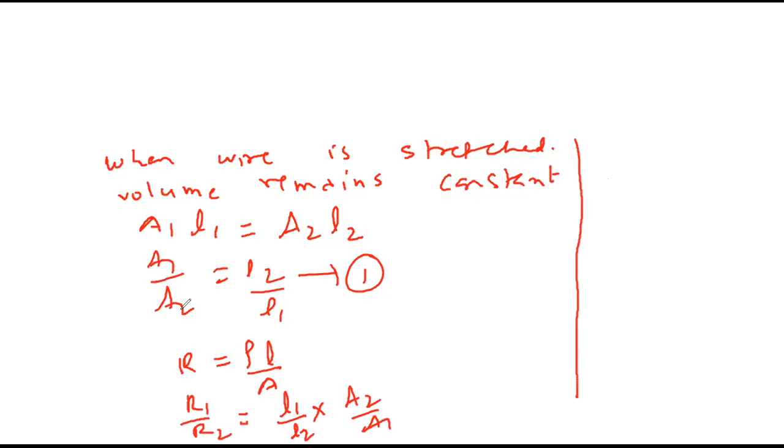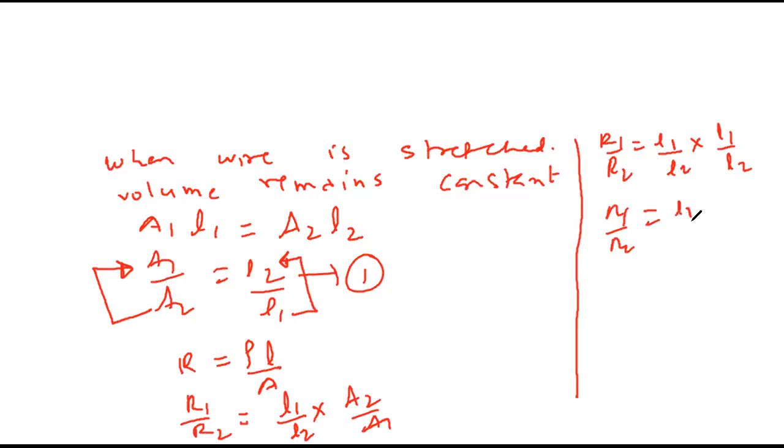Now I can see clearly A2 upon A1 means L1 upon L2. So R1 upon R2 can be written as L1 upon L2 into L1 upon L2. So R1 upon R2 is L1 upon L2 whole squared.